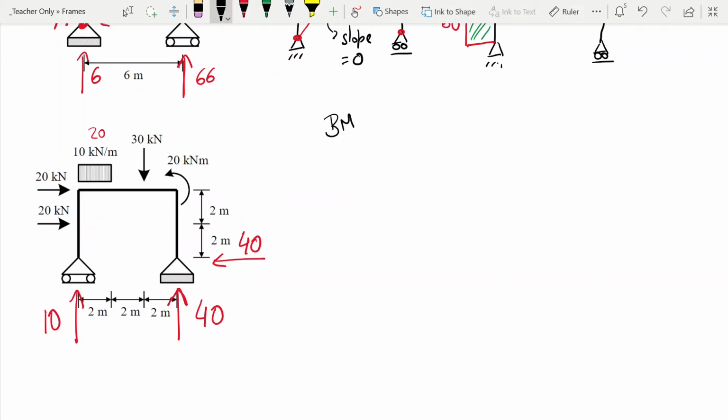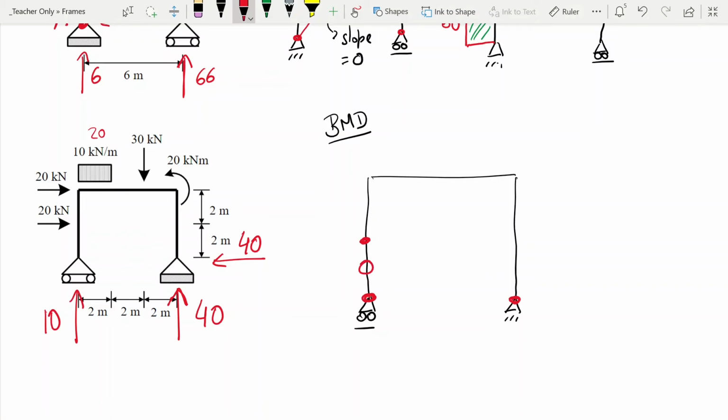Let's go into the bending moment diagram and try our best to draw as much as we can. And if we figure out we can't do everything, we go to the shear force to help us with the diagram. So we know we start at 0, finish at 0. Now we know the shear force in the column is 0 at least in the beginning. So until here, until the 2 meters, we don't have any bending moment.